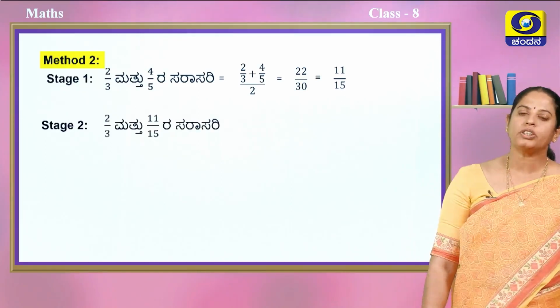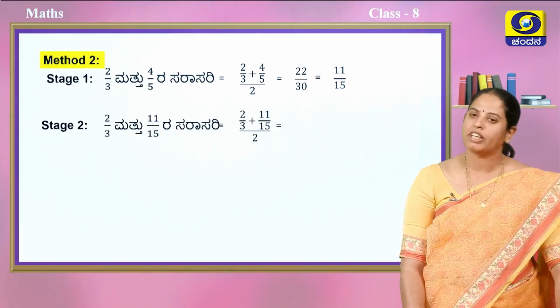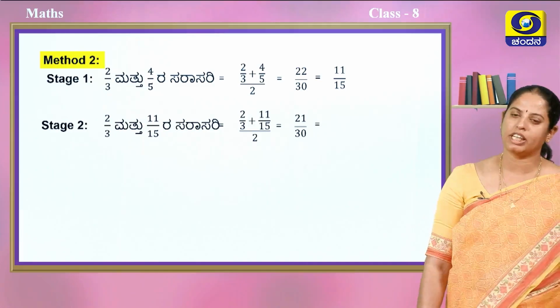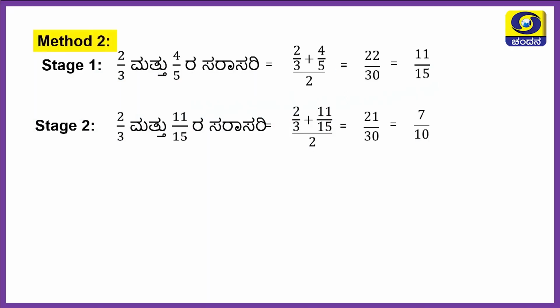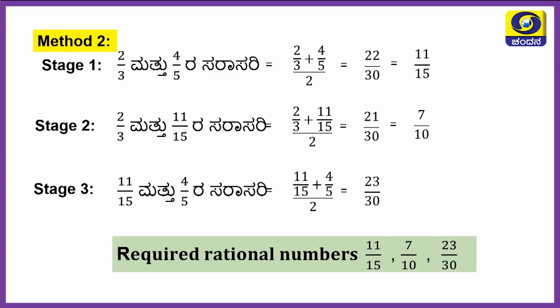Next, I am going to take the average of 2 by 3 and 11 by 15. I am going to get 21 by 30. When it is simplified, it is 7 by 10. So, now I am taking the average of 11 by 15 and 4 by 5, the last number. Okay. So, I am getting 23 by 30. The required rational numbers are 11 by 15, 7 by 10 and 23 by 30, children.